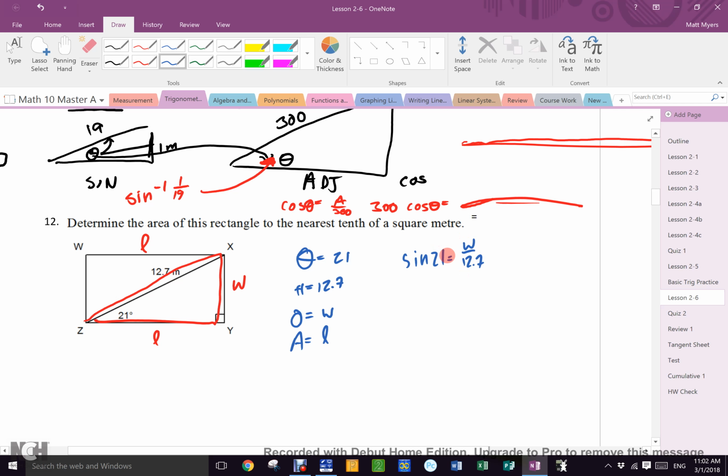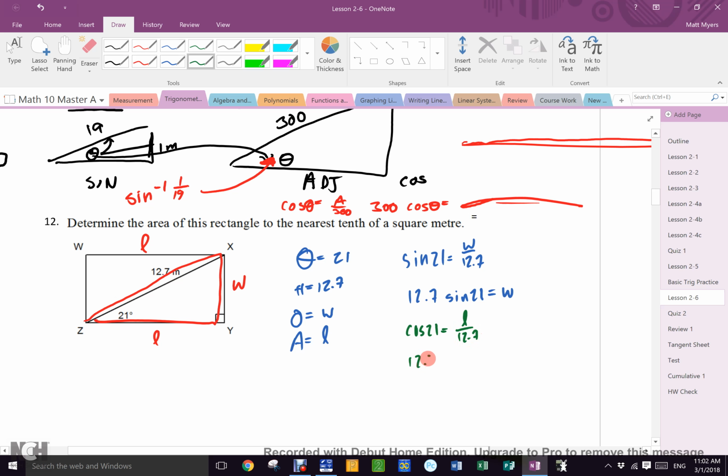How do you solve that? 12.7 times sine 21 equals W, right? What's the other one? Cos 21 equals L over 12.7.